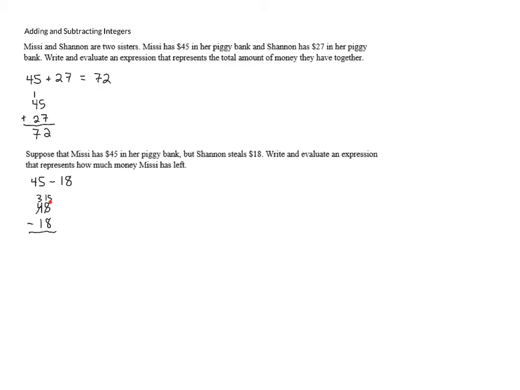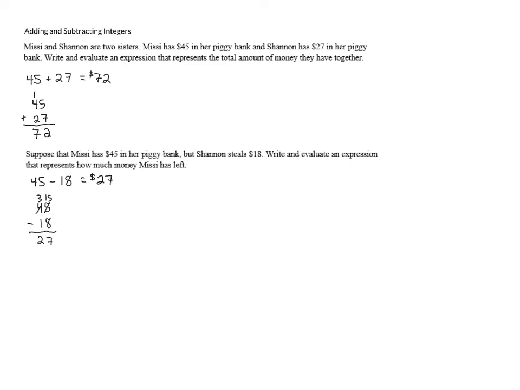And so this 5 then gets 10 more, which becomes 15. I think you've all seen this before. I just wanted to give a quick explanation in case it's been a while. Now we can do the subtraction. 15 minus 8 gives us 7, and 3 minus 1 gives us 2, so our answer is 27. And these are both dollars. I forgot to label the 72 as dollars, but there we go.